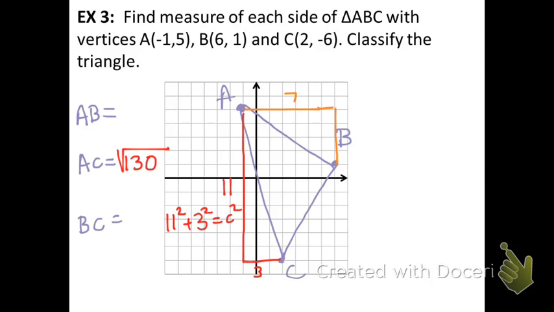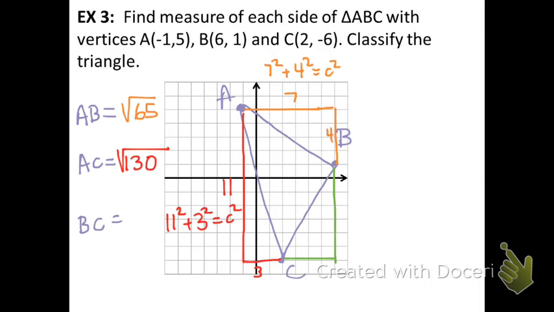So this is 7, and this other one is 4, so we take 7 squared plus 4 squared equals c squared. 7 squared is 49, plus 4 squared is 16, which is 65. So c is the square root of 65, and that will give AB a length of root 65. So we got one more side to look at, and that's BC.